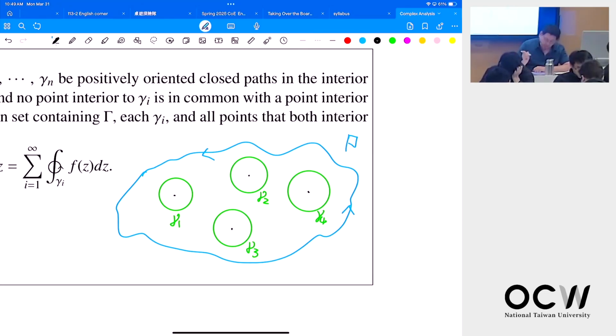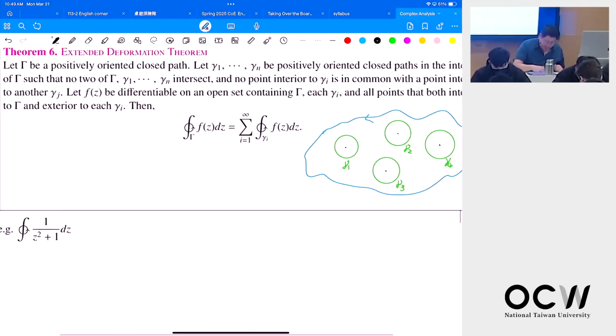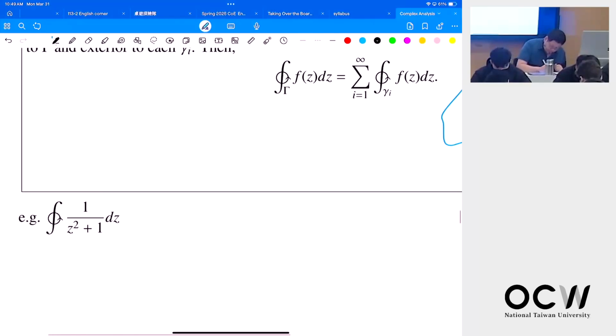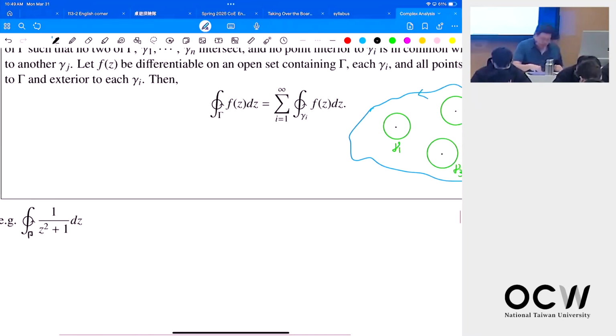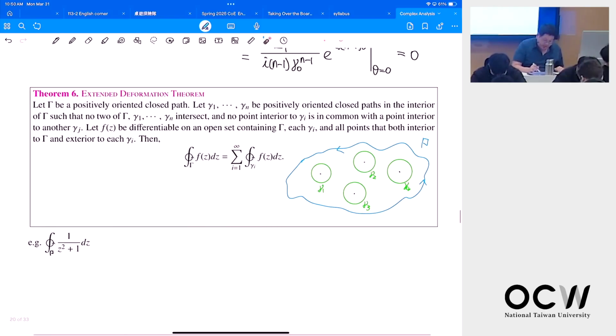For those 4 points, let's use this example to show this extended deformation theory. Okay. So first, let's just see this example, and then go back to see this extended deformation theory.